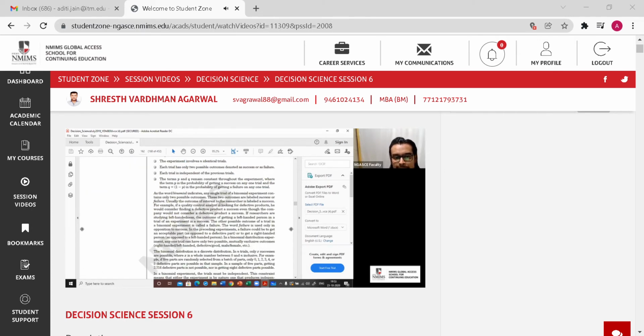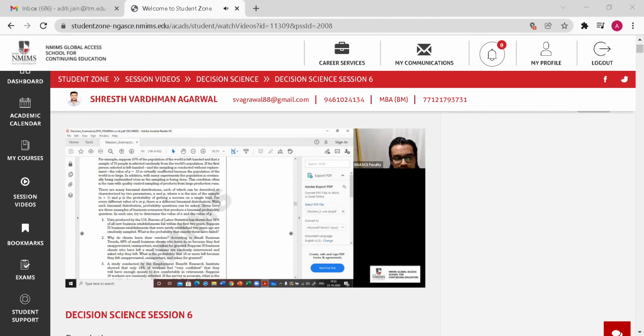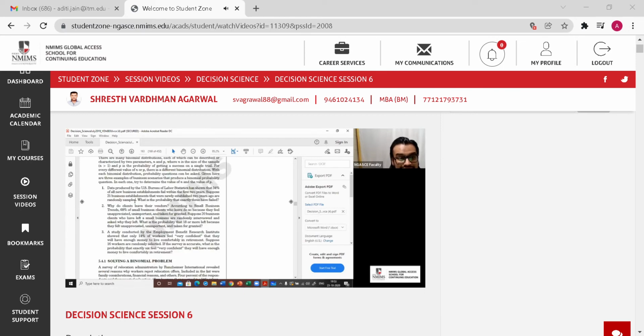Okay, now this is the terminology that we have understood. These are certain examples. A study conducted by the Employee Benefit Research Institute showed that 14% of workers feel very confident that they will have enough money to live comfortably in retirement. What could be the reverse opinion? They are not comfortable. So there are exactly two different opinions.